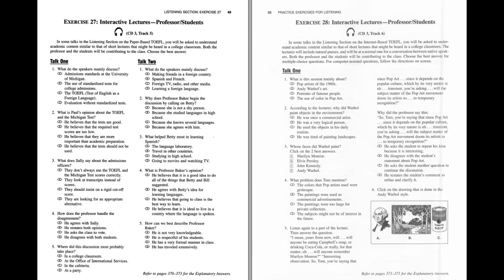Number 1. What is this session mainly about? Two. According to the lecturer, why did Warhol paint objects in the environment?